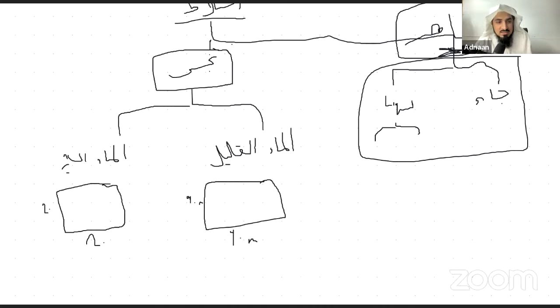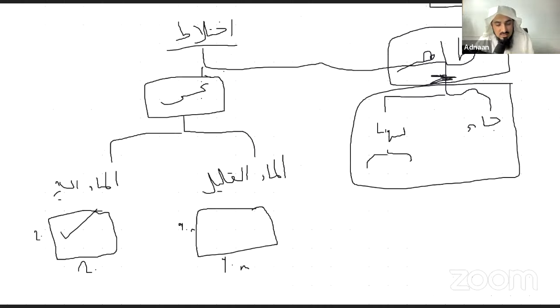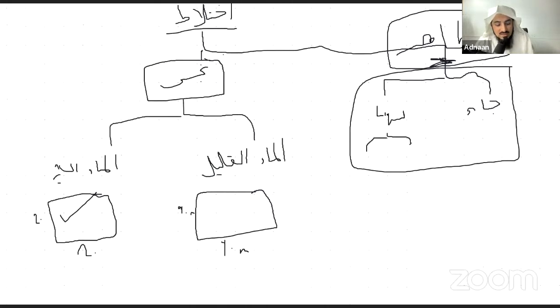So the child urinated in this large swimming pool, for example. You can't see any change in color, no change in taste, no change in smell. You can make wudu from here. Do you understand? Al-qalil wal-kathir.